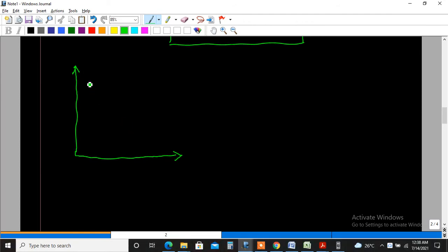TS diagram for the Carnot cycle. So let's say this is process 1. The cycle movement is like this. Process 2. Process 3. To process 4.